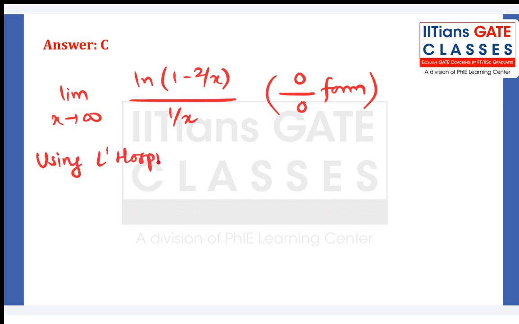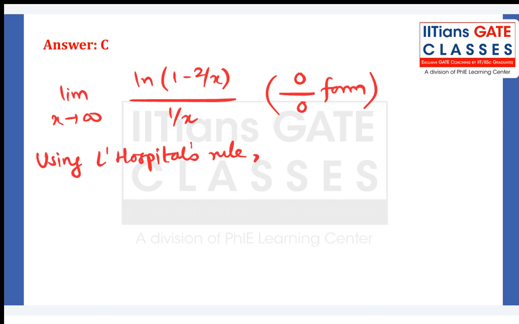If you don't know L'Hospital's rule, it is specifically applicable for finding the limits of 0 by 0 or infinity by infinity form, and you keep on differentiating both numerator and denominator till you get the finite answer, or differentiation is not possible anymore.